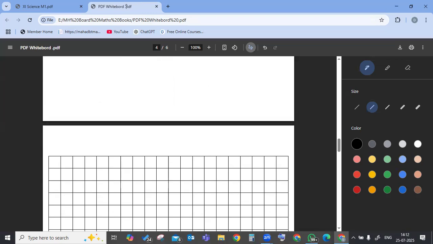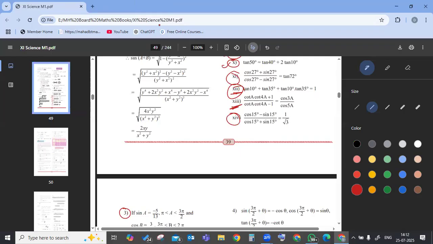So this is it about the first exercise. Two questions are remaining, which I already gave you as homework, so you are going to solve those two questions. Now shall we move ahead with the second exercise? Okay, let's start the second exercise.